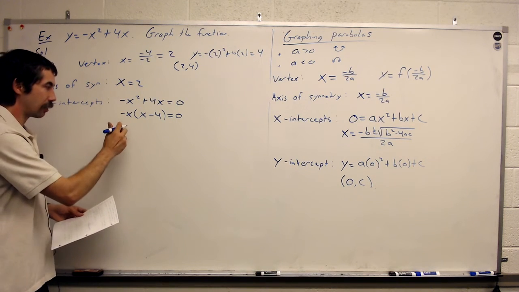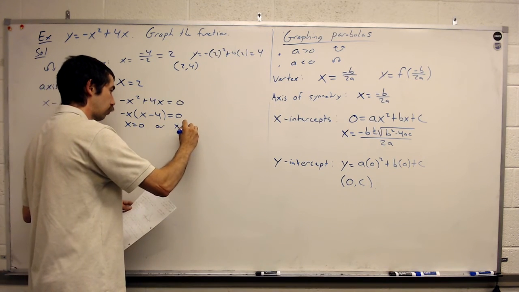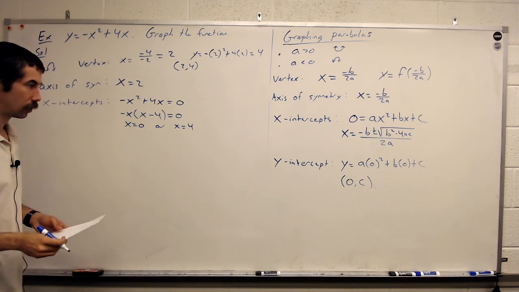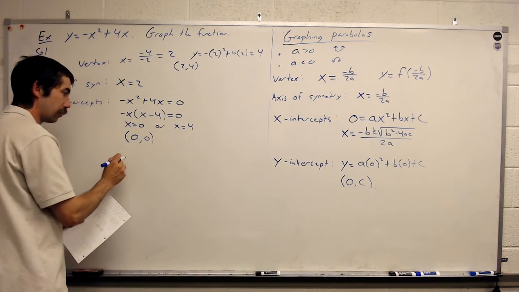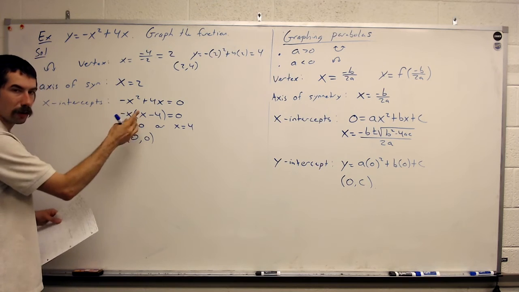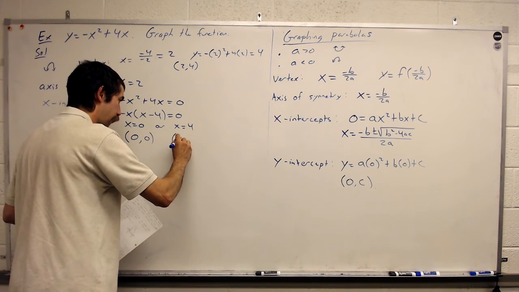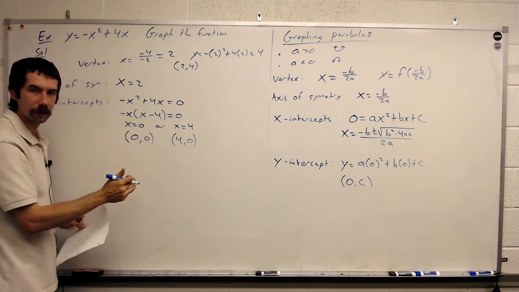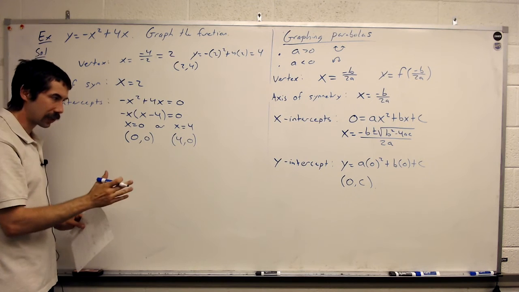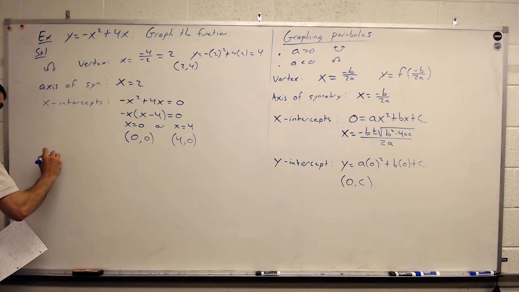So this gives us x equals 0 or x equals 4. So our x-intercepts are the points (0, 0), right? Y is always 0 on our x-intercepts. And (4, 0). These are our two x-intercepts.